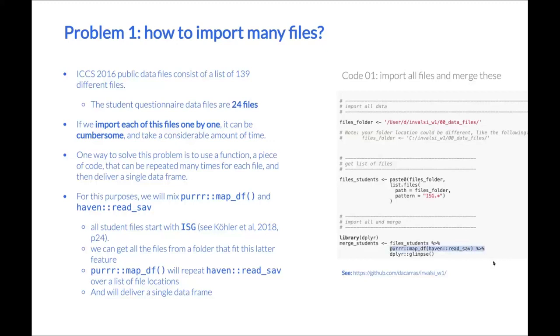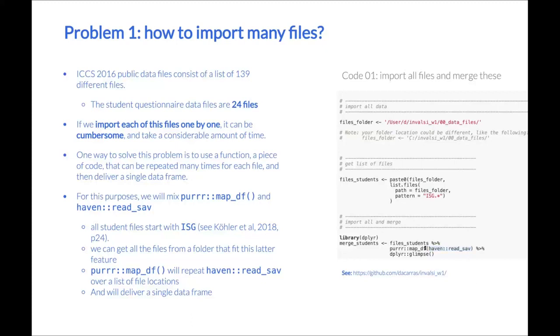This is functional coding, and these are the lines that can read a single SPSS file that is located in some logical folder within your computer. What this function is doing is reading one by one all the 24 locations, applying the haven function to read SPSS files.